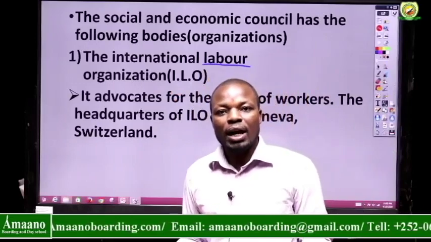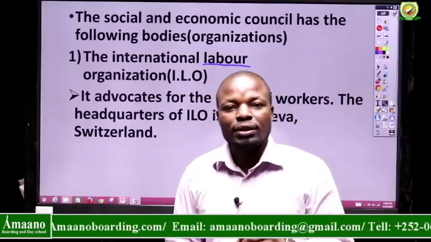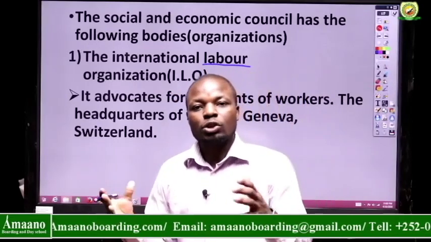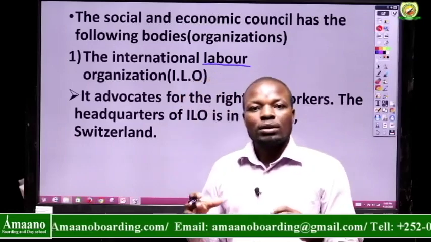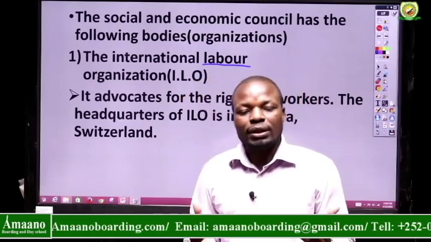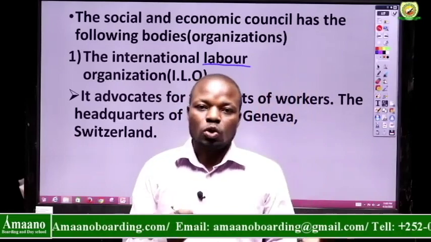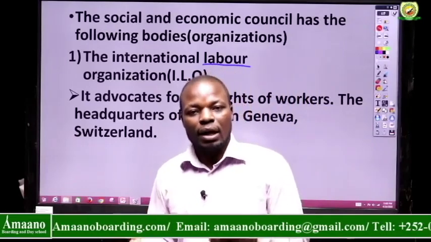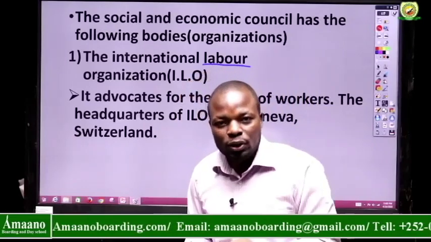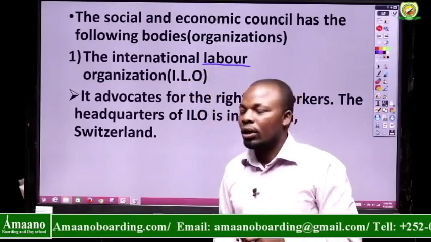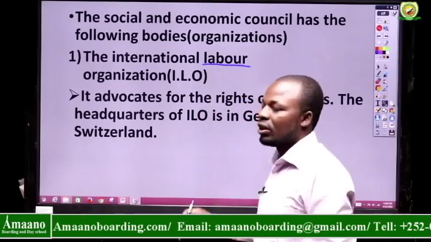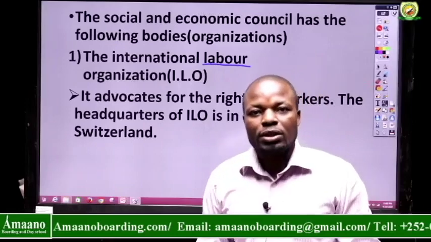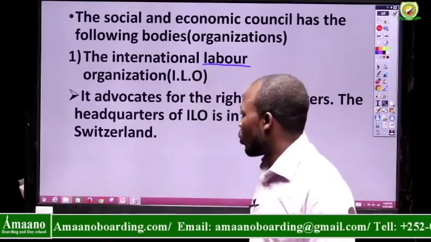It ensures that they have good working conditions and that employers treat their workers very well. It ensures that all the problems related to workers are solved and workers are helped. Where are the headquarters of ILO? The headquarters of ILO are in Geneva, which is the capital city of Switzerland in Europe.